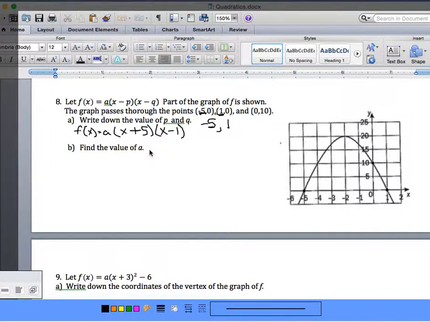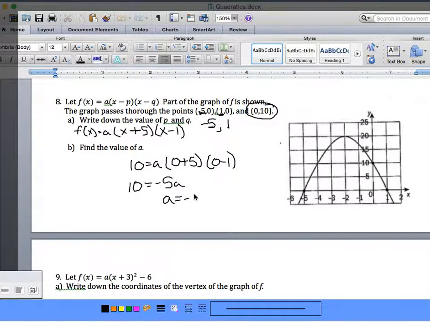And now find the value of a. Well, we have this other coordinate, (0, 10), to plug in. So our y value is 10 equals a, 0 plus 5 times 0 minus 1. So 5 times -1 is -5. So 10 equals -5a. So a equals -2.